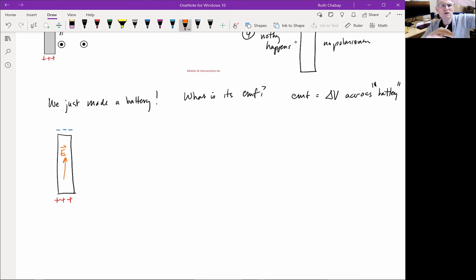Because these charges on the top and the bottom are going to make an electric field, and if we knew that and we knew the length of the bar, which is presumably L, then we could calculate delta V is going to be equal to the electric field times the length of the bar.